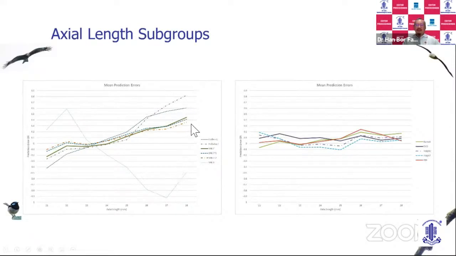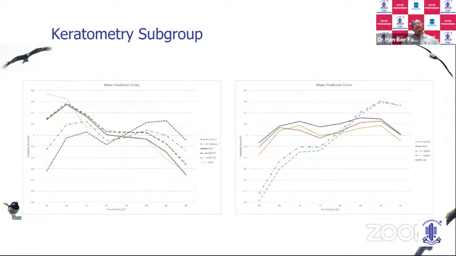So if you have a long or short axial length, you end up either under-predicted or over-predicted. Look at the newer formulas and the Haigis triple optimized, they are neutral to axial length. This is important because otherwise you start to have errors at the extremes of axial length.